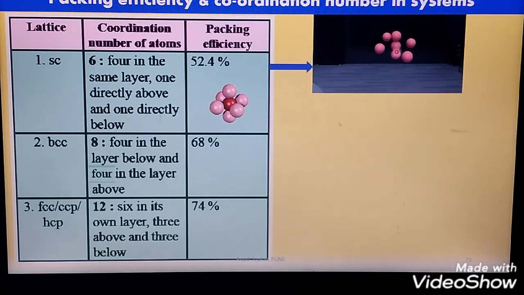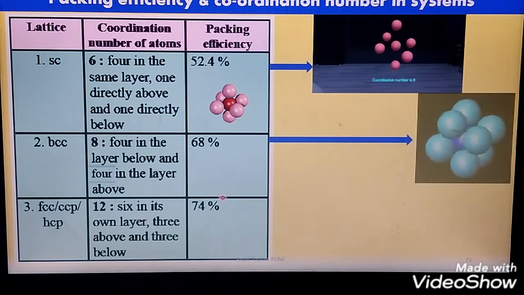Here you can see this is the center particle. In its own layer you will find 4 particles, 1 is above and 1 is below. In the second one, that is body-centered cubic lattice, the coordination number of the atom is 8, wherein 4 particles are above the layer and 4 particles below the layer.